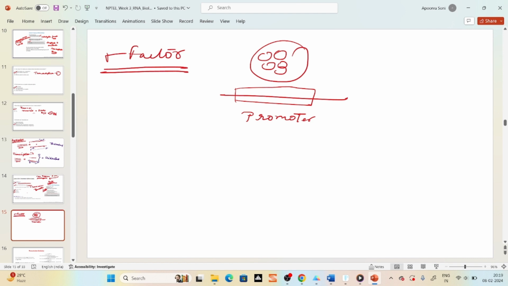It has to bind at a specific location, and only there it has to sit. So how will it recognize that specific location? This specific location is recognized with the help of the sigma factor. So the sigma factor of the RNA polymerase is responsible for the initiation of transcription, because it is coming and sitting over the promoter region. It recognizes the promoter region. So this is important to understand, right?